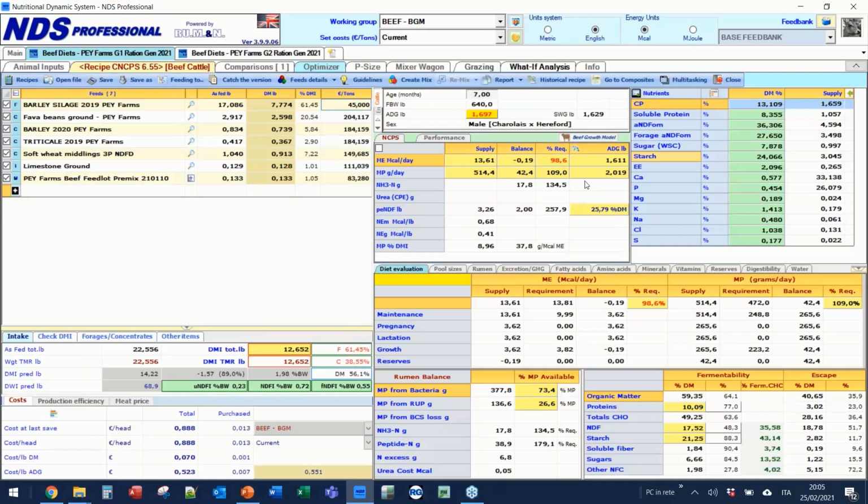In other words, many times the CNCPS model over-predicts MP allowable gain for the reason we described before: passage rate, microbial efficiency. So even here, the major driver of the average daily gain predictions is the energy supply.